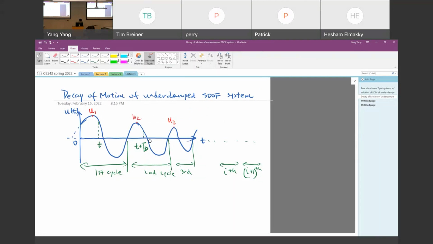So based on the solution of the dynamic equation, we should be able to get u(t) over u(t plus Td).